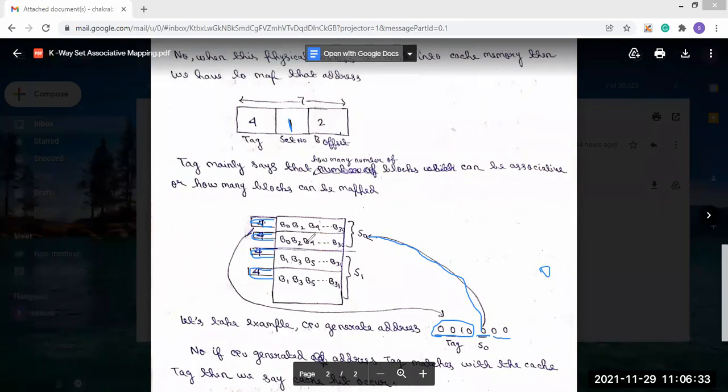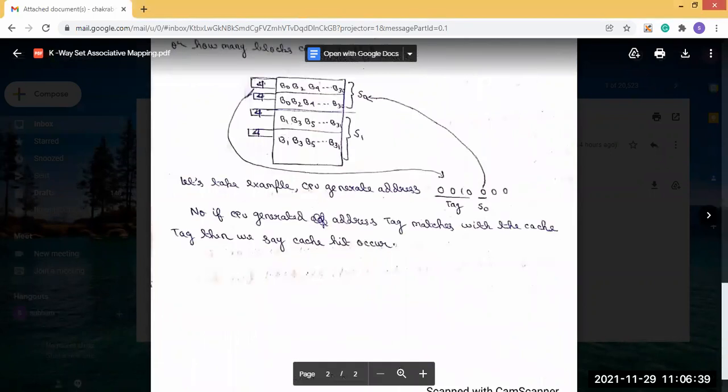Okay, so this is what we can say: if the CPU generated address tag is matched with the cache tag, then a cache hit is done.